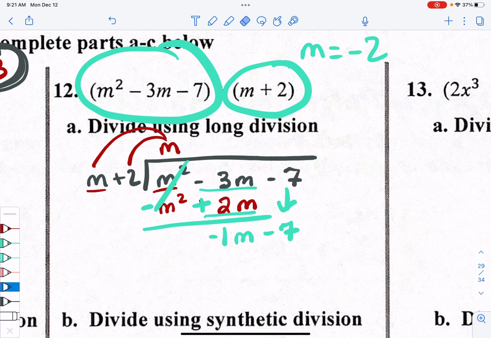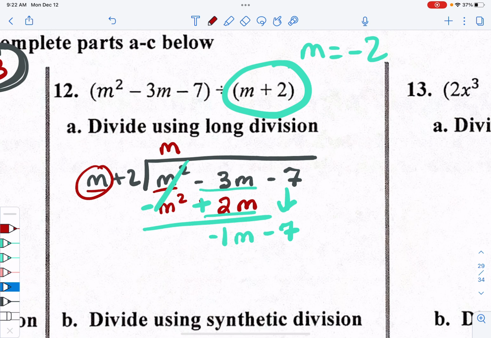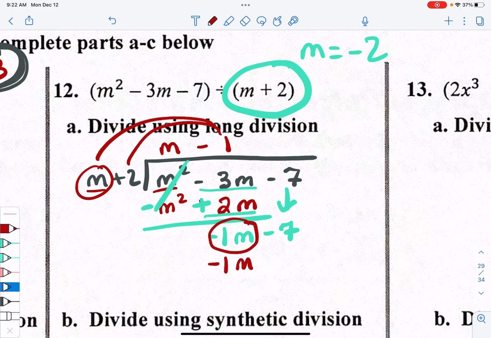All right, now starting over, we have to say, what do we take times m to get negative 1m? I need a negative 1. And then I multiply back through, so negative 1 times m, negative 1m, and negative 1 times 2 is negative 2. Then I flip the signs, don't forget that, plus, okay, and I did not get the same answer.